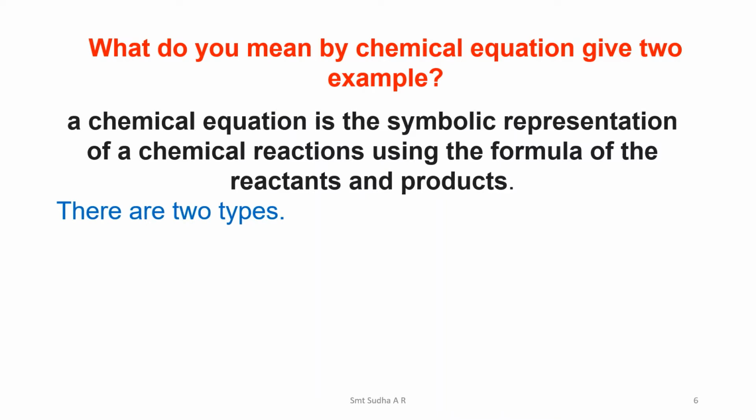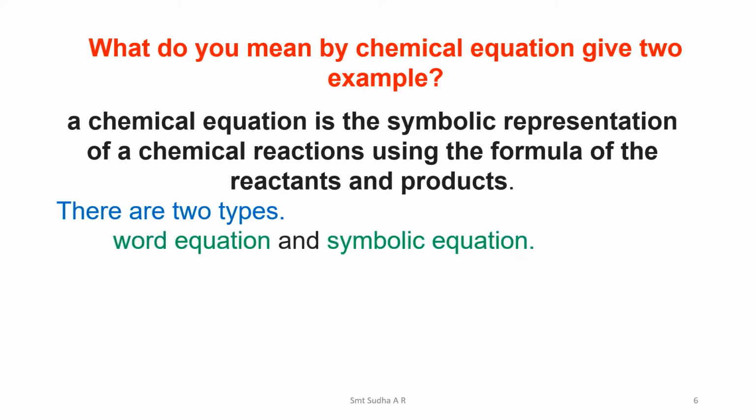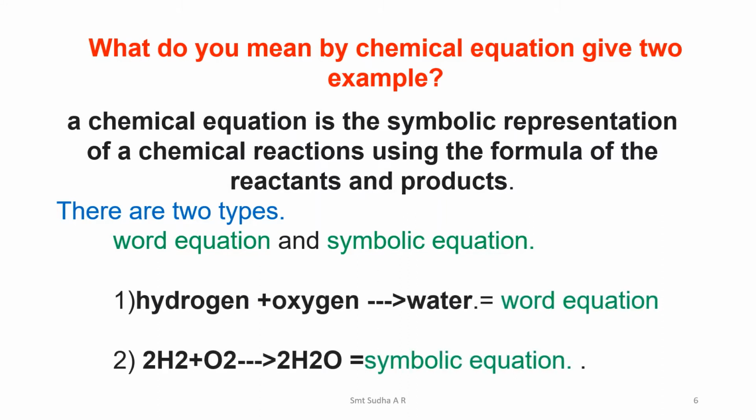In chemical reactions we are going to see two types: one is a word equation and the other is a symbolic equation. Suppose I write the example like this: when hydrogen combines with oxygen, we get water. Here I have used words, so this type of equation is called a word equation.